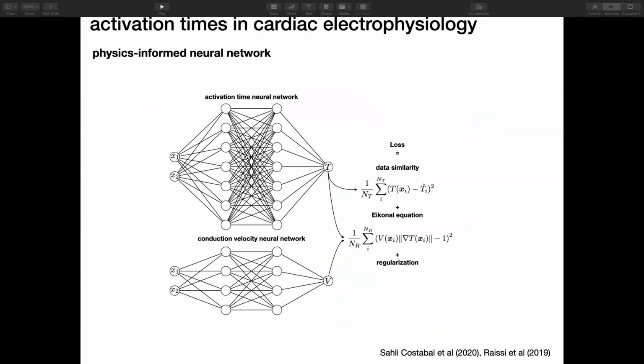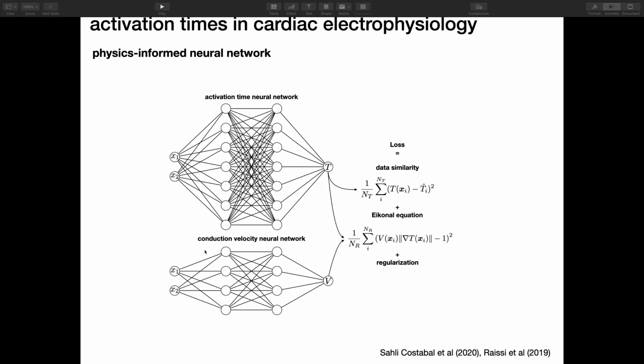The idea here is that we will create a neural network that predicts the activation times in space. So here the input will be a coordinate in space in the atria, and the output will be an activation time. And we will train this network to satisfy the data available, which is what the physician measured with the catheter, basically all the activation times.